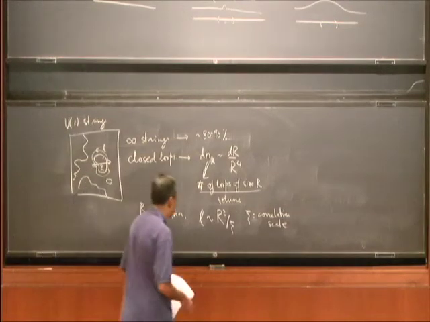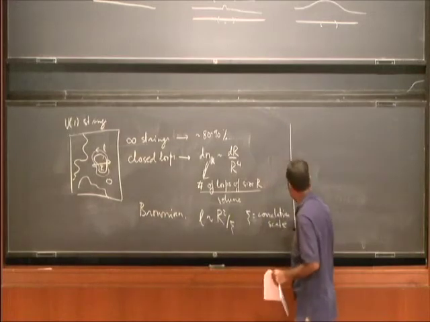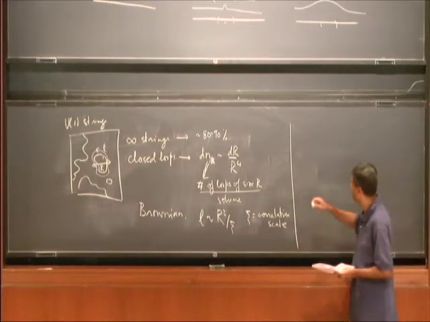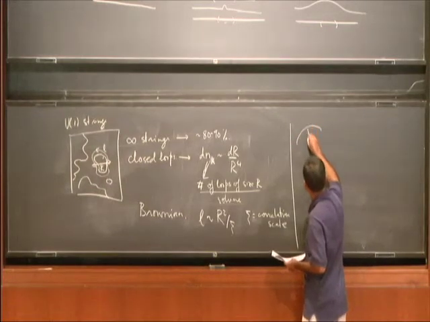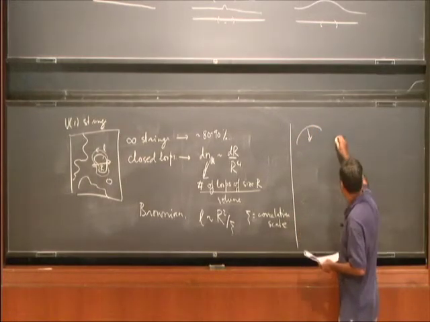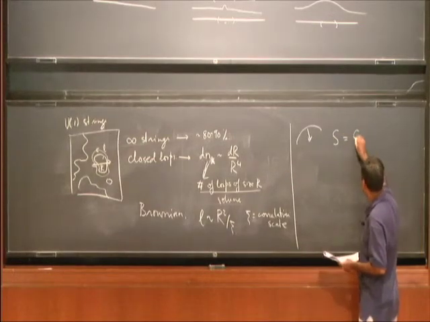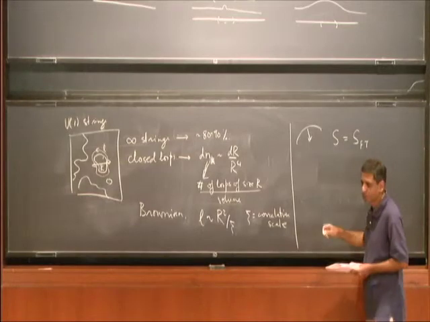Okay. Once you form these strings, what happens? They, of course, start moving, because if you have a closed string, it likes to straighten out. And so the action for these strings should be, of course, given by the field theory action.